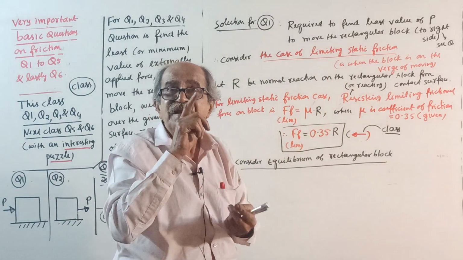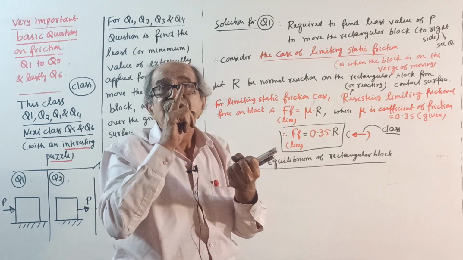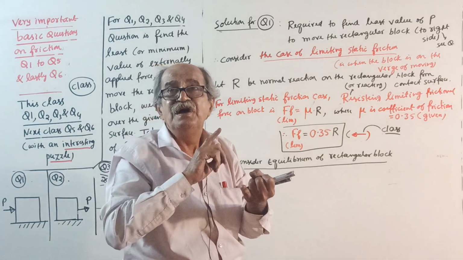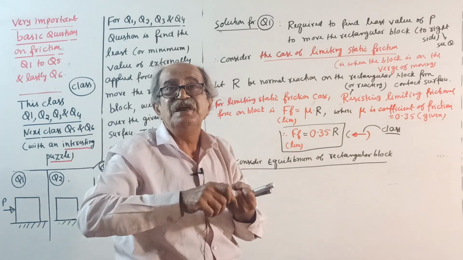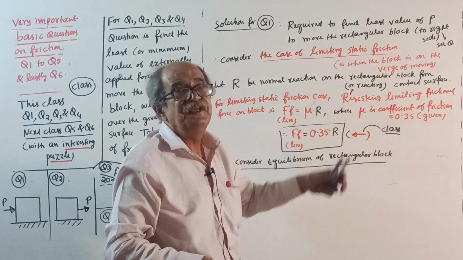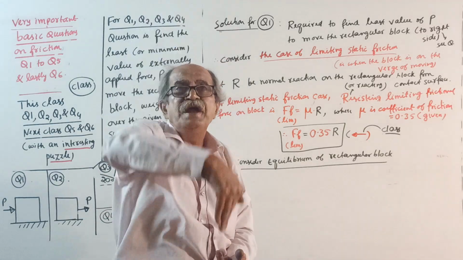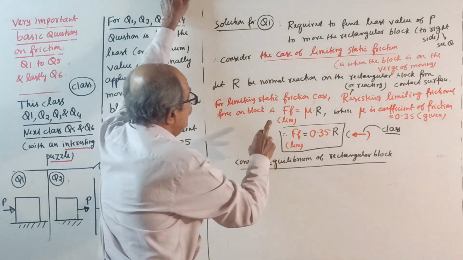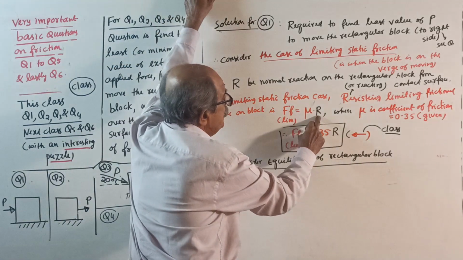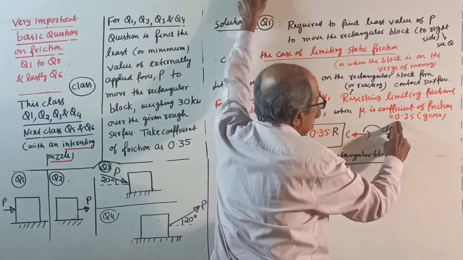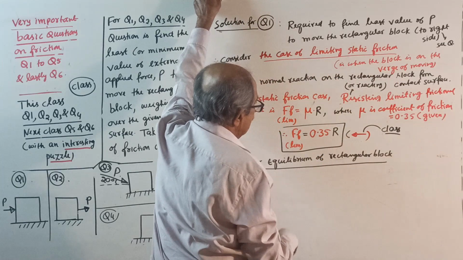Friction is acting as a reaction from the block. See, R normal reaction and FF, that is frictional resistance, both are reactions. Action is what? One is the weight acting, other is applied force P. I will tell you once again later. FF limit equal to mu into R, where mu is coefficient of friction equal to 0.35 given in the question.